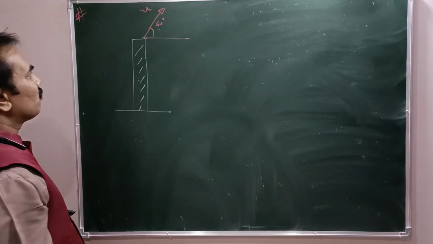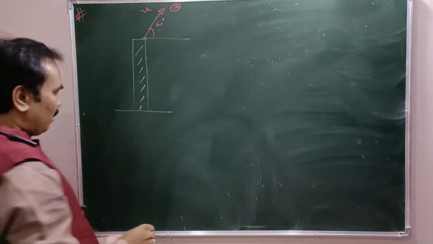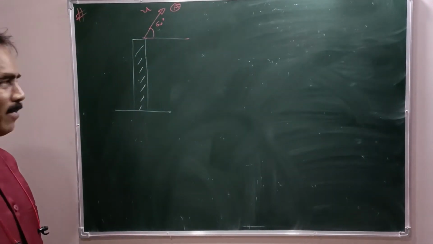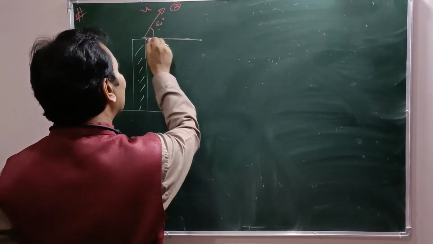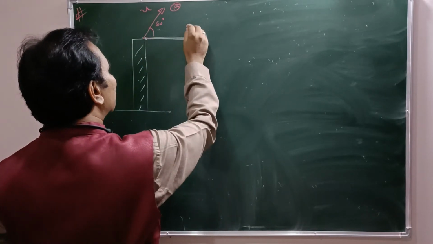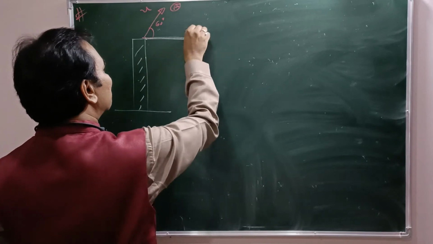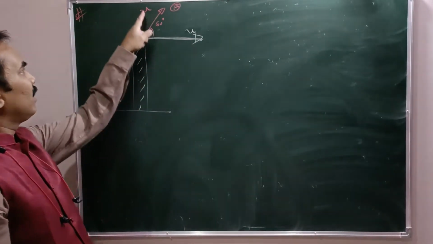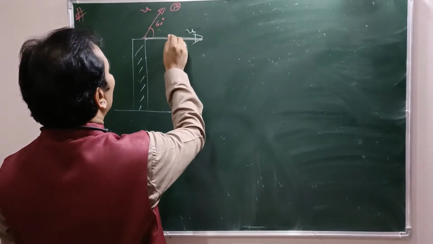This is projectile A. Now what is the other projectile, B? This projectile is projected horizontally with the same speed u as projectile A. This is B.